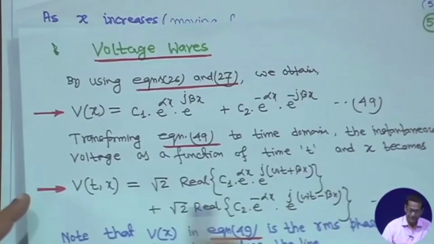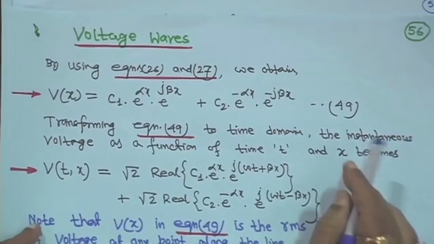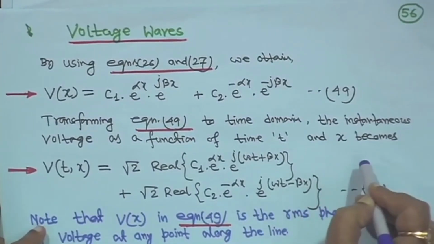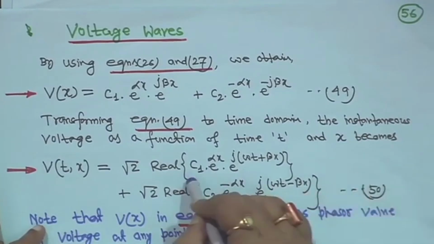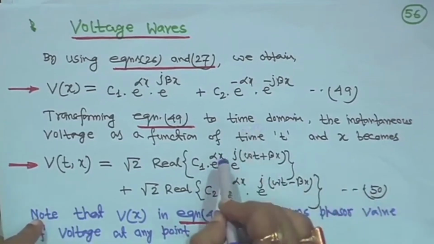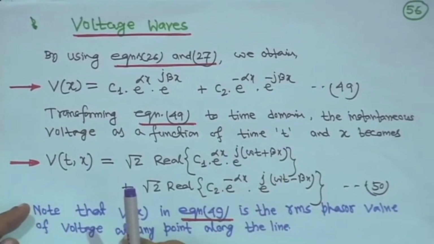When you are deriving the expression for the long line, the distance is considered from the receiving end to the sending end. So when you are moving from receiving end to sending end, x is increasing, and e to the power alpha x increases.